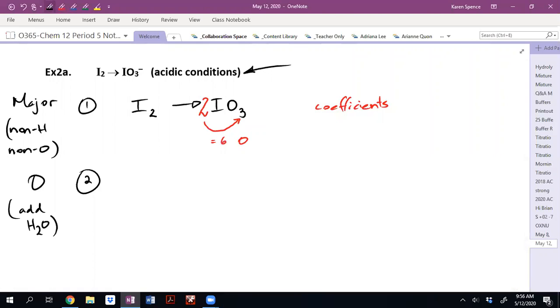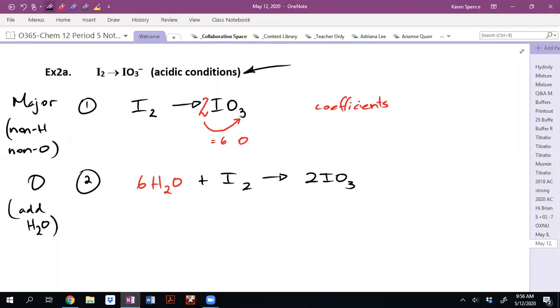So we need to have 6 oxygen on the left-hand side, so we'll have 6 waters. Maybe I'll put that in red. 6 waters plus I2 goes to 2 IO3-. This is one of the places where you can go wrong, is just forgetting to do the multiplication when you have a coefficient. Okay, so just don't forget to do that.